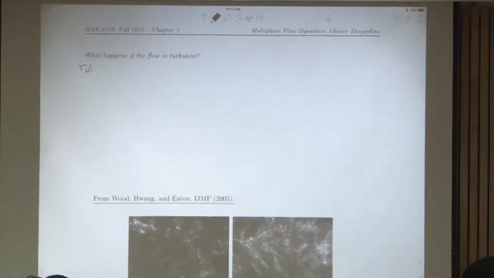If you have a turbulent flow field, or let me say turbulence, I imagine most of you have been exposed in some way to turbulence. That will involve a range of time, velocity, and length scales.